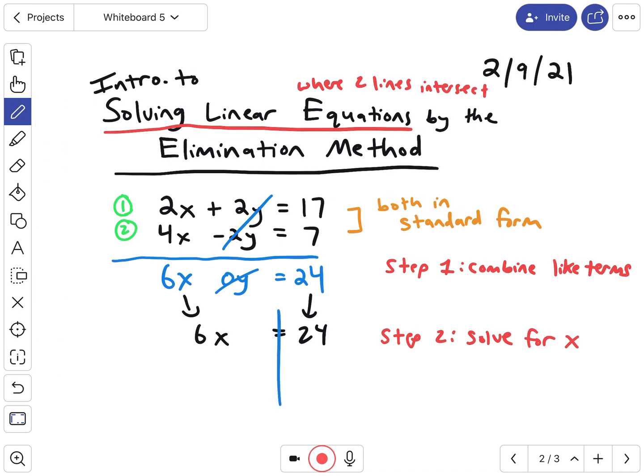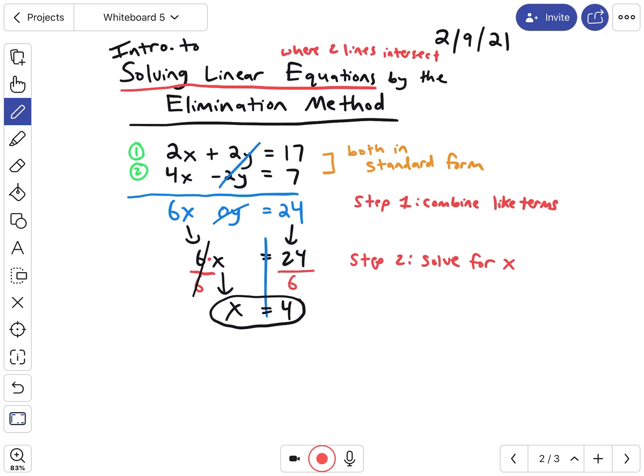We've got to get rid of this 6 in front, which is a coefficient. You could draw a dot there to really show that it's multiplying as a coefficient. So to get rid of a coefficient, we're going to divide by itself. And that's how you can cancel out the coefficient there. x is brought down, equal sign is brought down. 24 divided by 6 is 4. So we've solved for x.